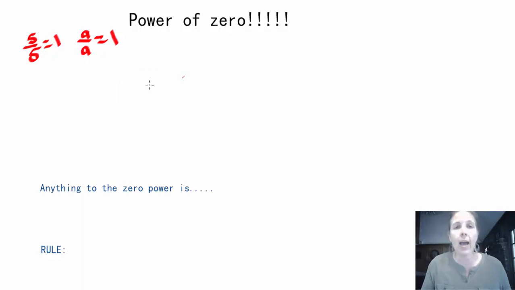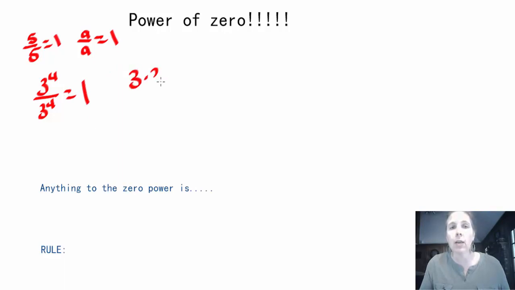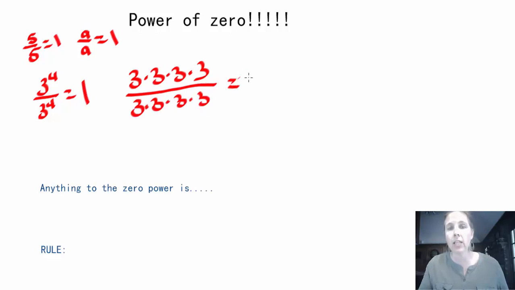So if you had, let's say, 3 to the 4th over 3 to the 4th, that should be 1. If we write it out, that would be 3 times 3 times 3 times 3 over 3 times 3 times 3 times 3, which all cancel out, and you should end up with 1.